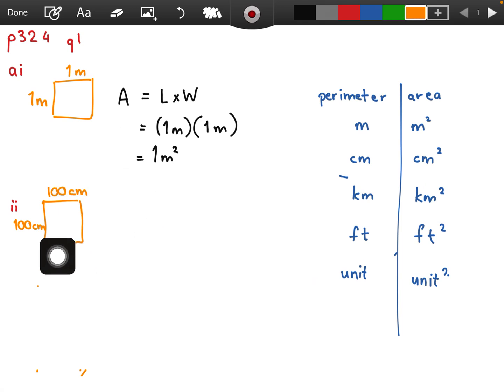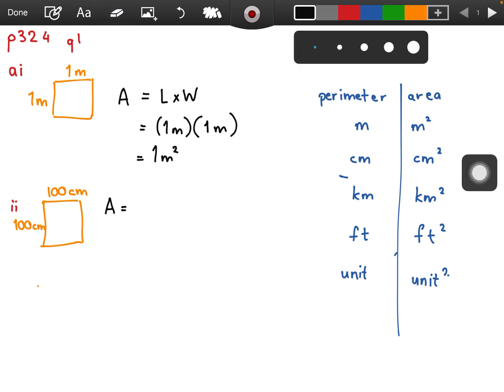Well, we know 100 centimeters is the same as a meter. So we're finding the area of a square that's exactly the same as this square. But how could we write 1 meter squared in terms of centimeters squared?